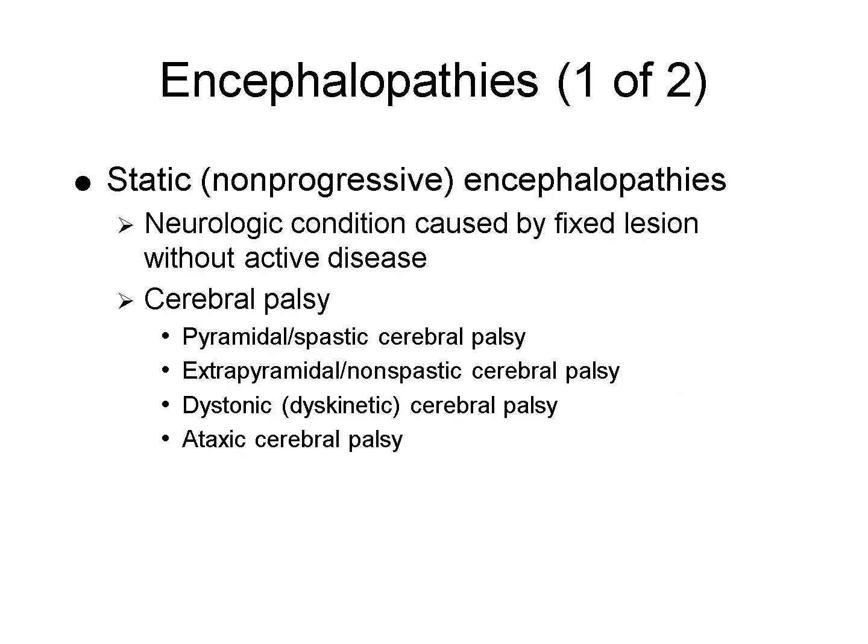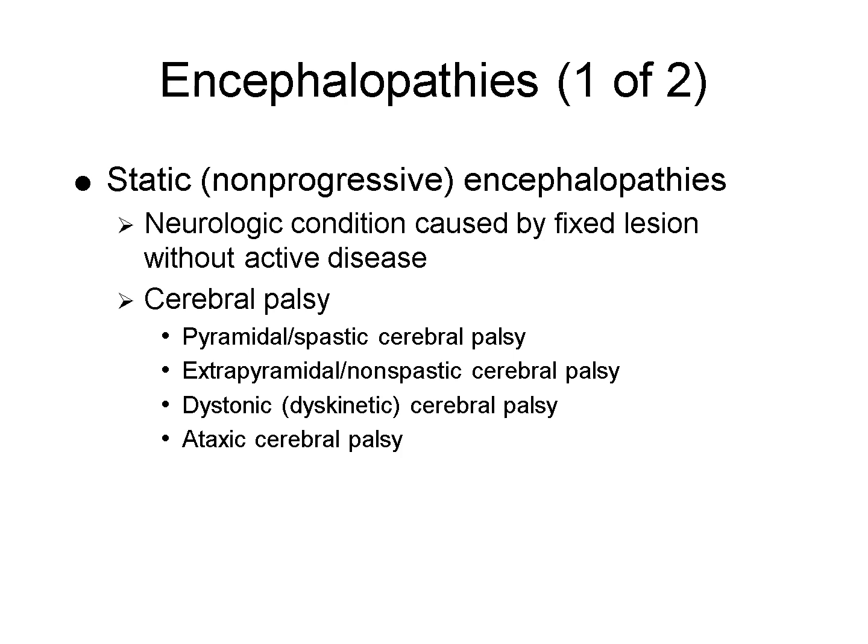Encephalopathies are disorders caused by brain damage that does not worsen over time. Cerebral palsy is the most common static encephalopathy, resulting from a fixed brain lesion, often due to birth injury, infection, or developmental abnormality.